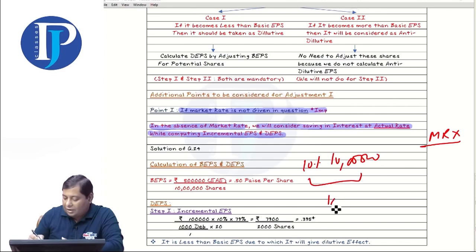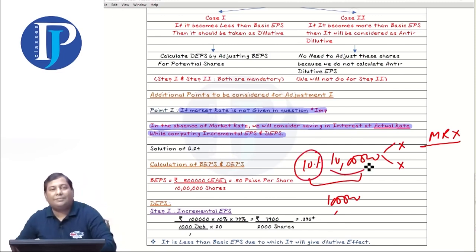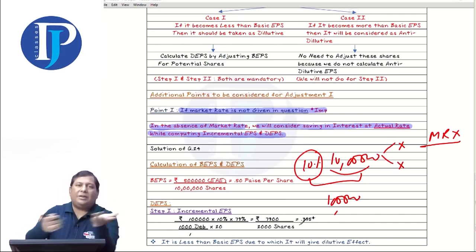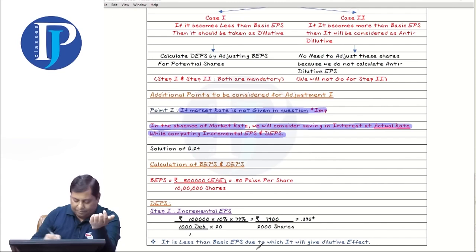So we will assume savings are 1 lakh. First of all, we won't split off. The other thing, this 10% is our saving. Or we would take saving by applying market rate on liability component. It will be a simple question, just like the questions at Inter, but there won't be such a simple question.